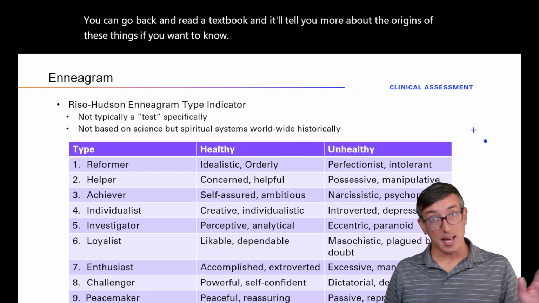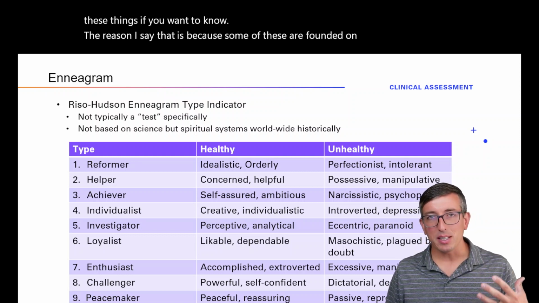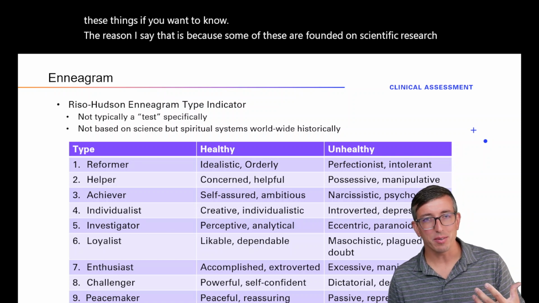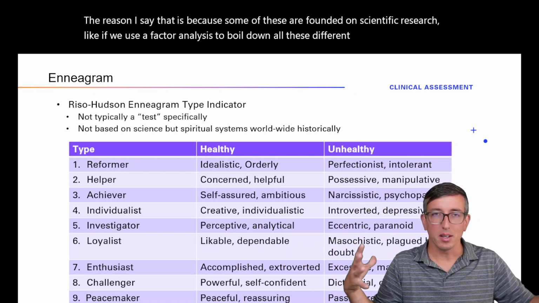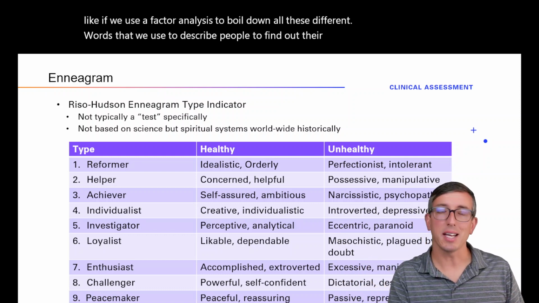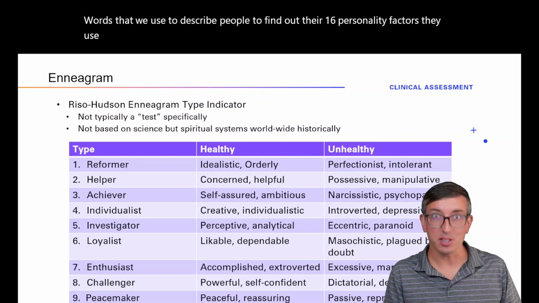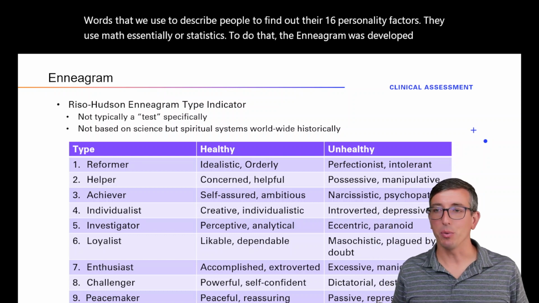The reason I say that is because some of these are founded on scientific research. If we use factor analysis to boil down all these different words that we use to describe people to find out their 16 personality factors, they use math, essentially statistics, to do that. The Enneagram was developed in a very different way.